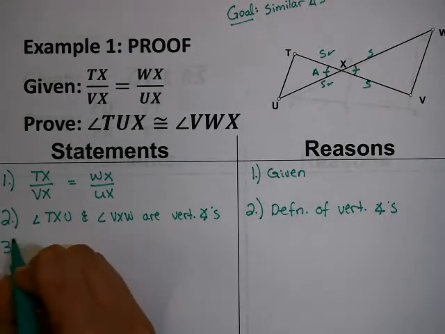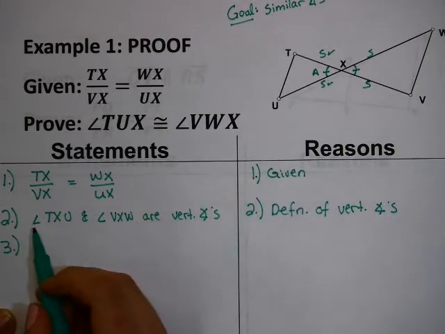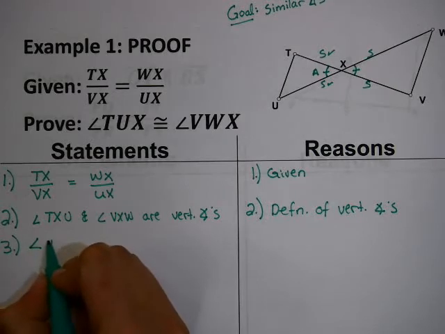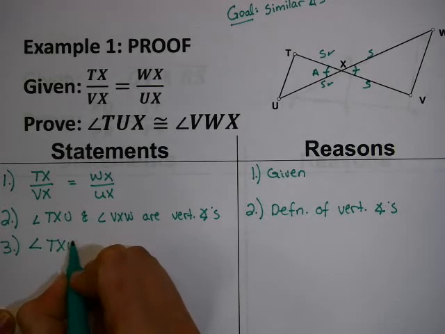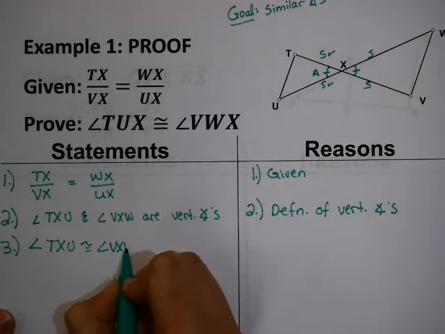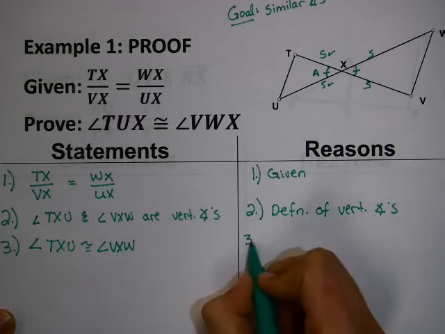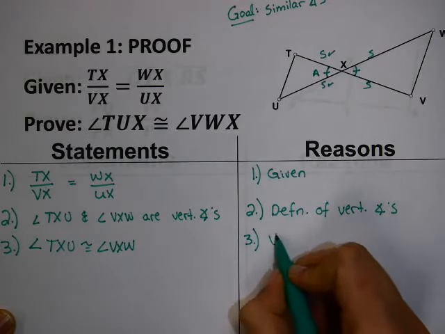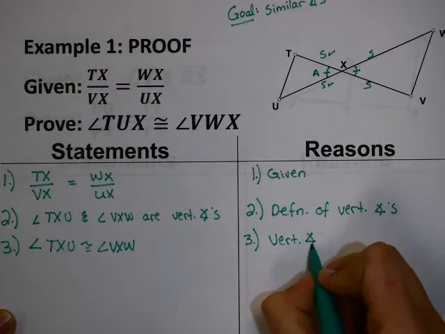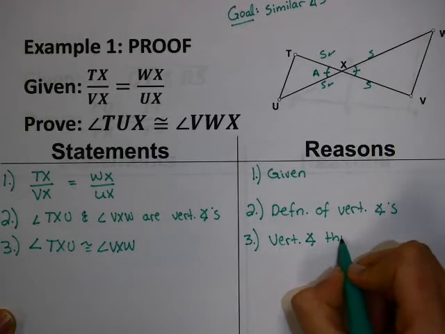All right, step 3. Now that we know they're vertical angles, we can say that they are congruent. So angle TXU is congruent to angle VXW, and that's by the vertical angles theorem. Some review from last semester's proofs.